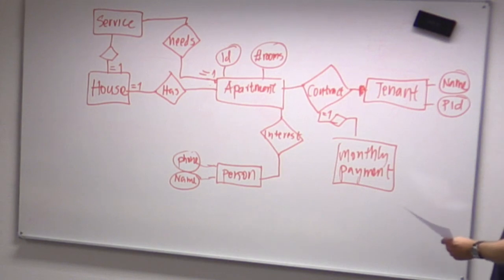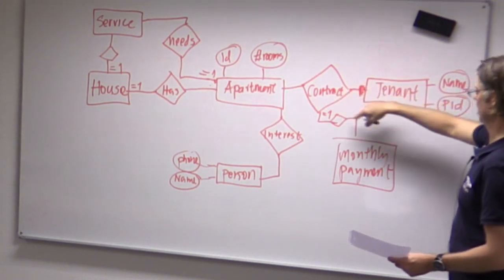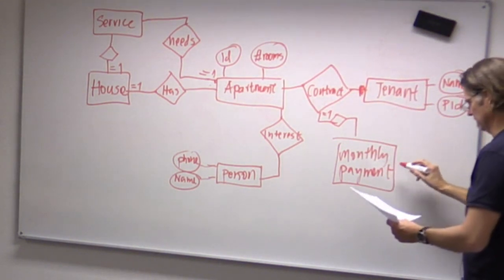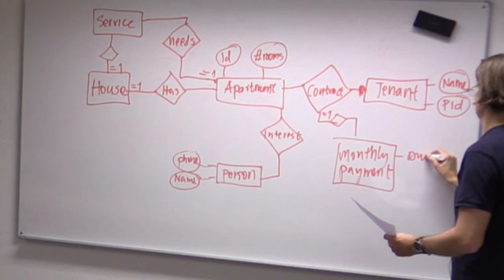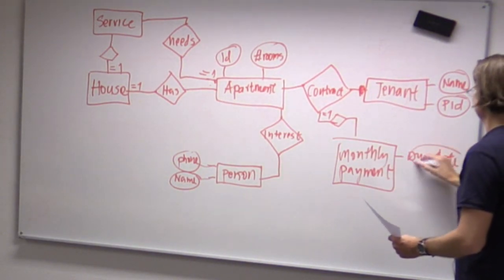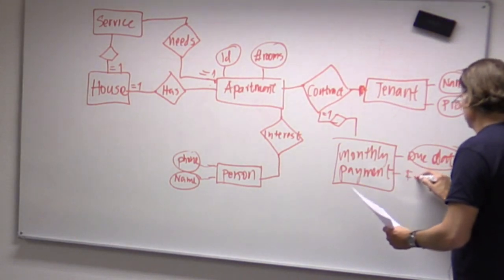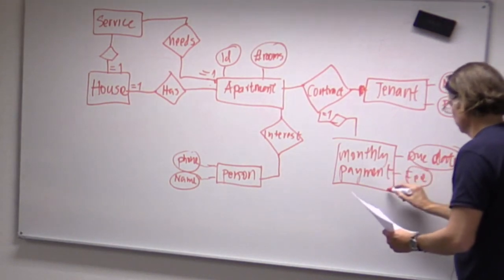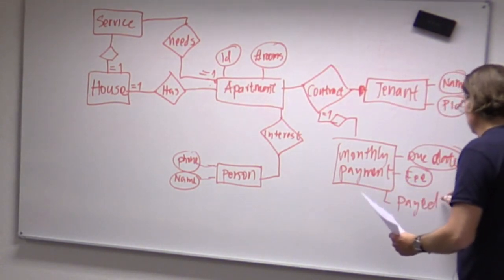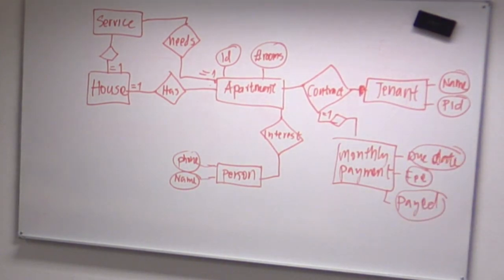So a contract may have many monthly payments that is due for a specific date, a due date. And we also had the fee, or how much the cost for it. And we also had a Boolean thing here called paid, so we know whether that monthly payment was paid or not.